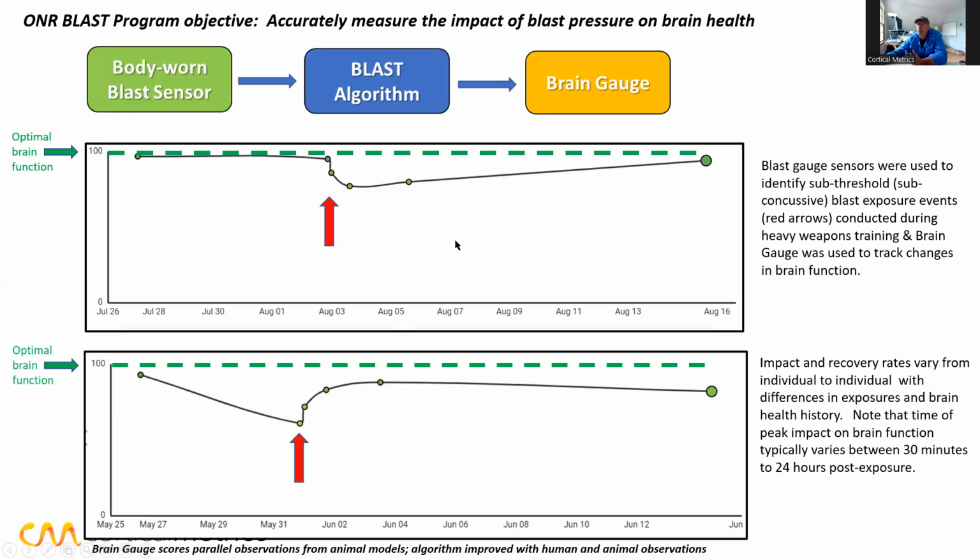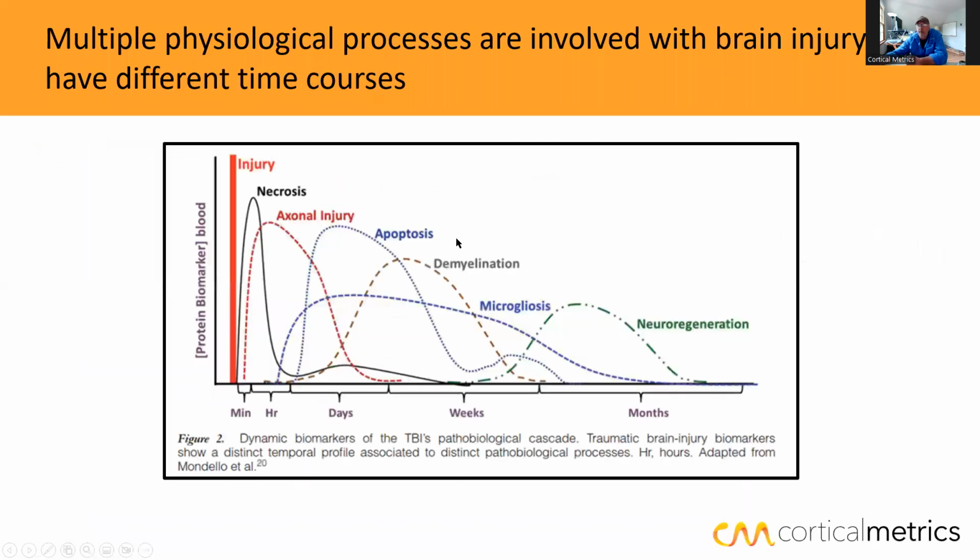But now, if you're going to take a baseline, do you need to take all the measures, and which measures do you need to look at? Well, let's take a look at concussion again. One thing you need to know is that there are a lot of different physiological processes involved with brain injury, and they have different time courses. And look at this.